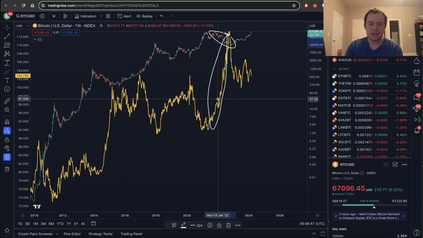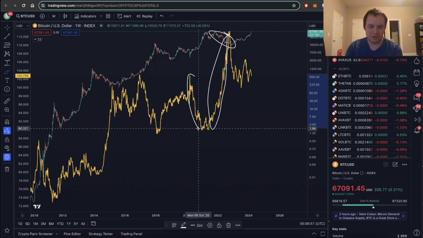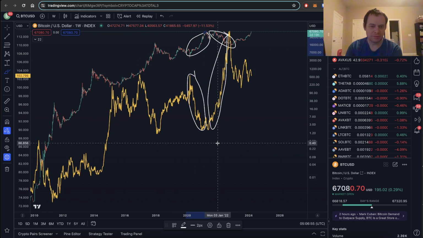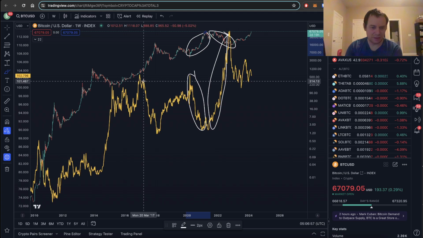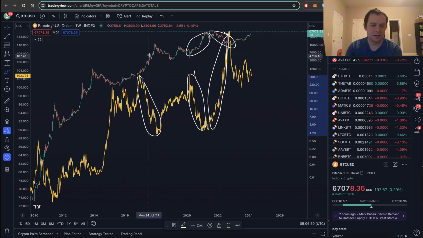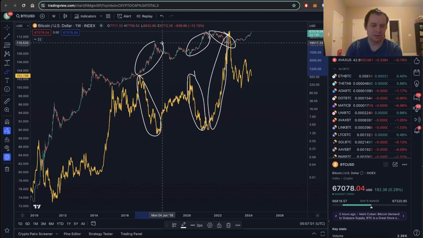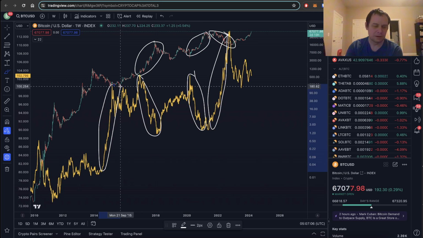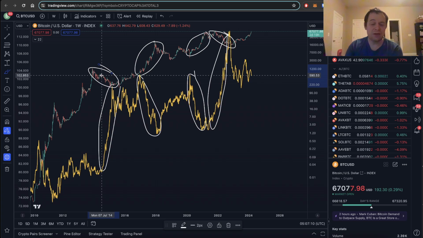And as the dollar goes down aggressively, Bitcoin tends to be in a bull market. Here the dollar was going down aggressively, Bitcoin was going up aggressively. Over here, the dollar was going up while Bitcoin was going down. And we've seen this trend play out over and over again.